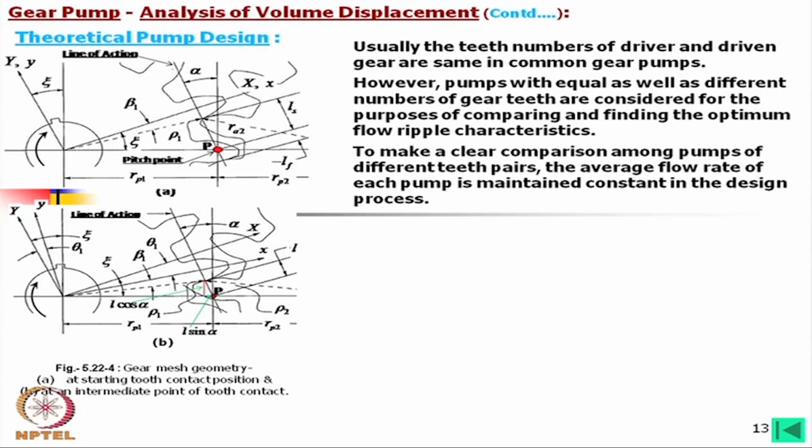So, this means that depending on the flow rate, usually the speed, depending on the manufacturing accuracy of this pump, there is a speed limitation. For example, in a usual gear pump you may not find more than 2500 rpm.